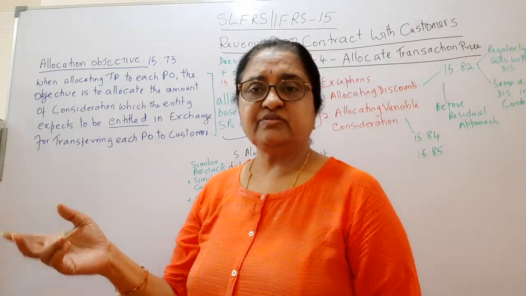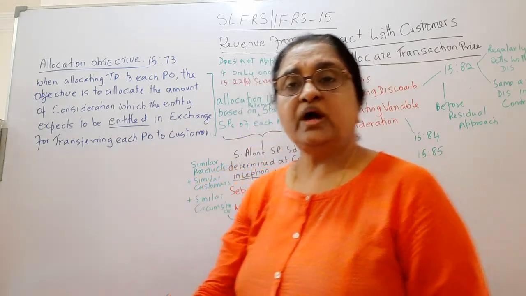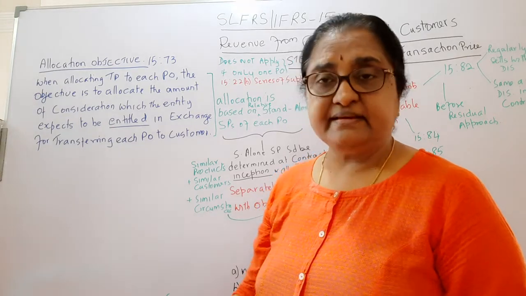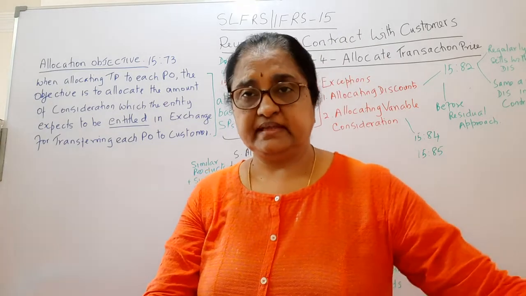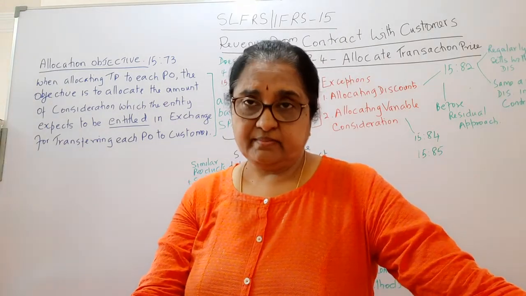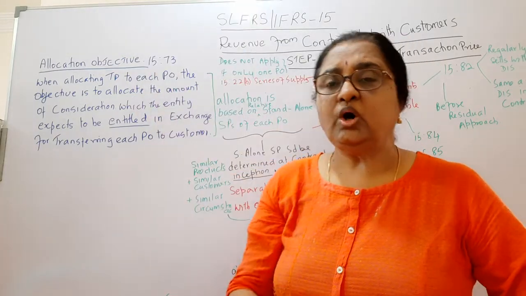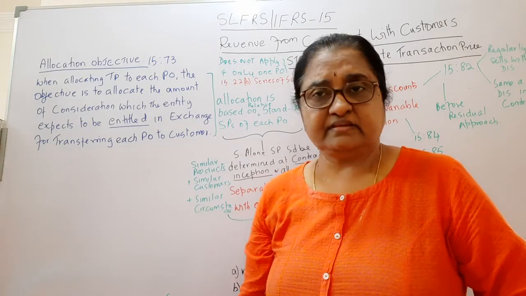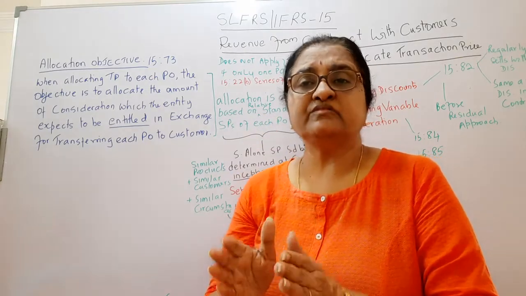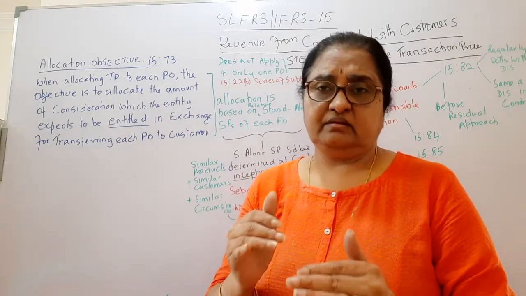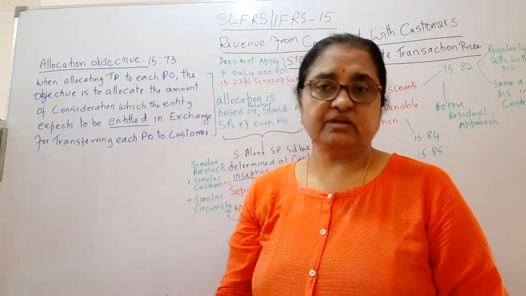There are two exceptions for the allocation of transaction price. Before that, how are you going to allocate the transaction price? The standard says based on the relative standalone selling prices of each performance obligation. That is their requirement. But there is an exception, because there can be a discount or a variable consideration which relates specifically to one performance obligation, or more than one but not all the performance obligations.